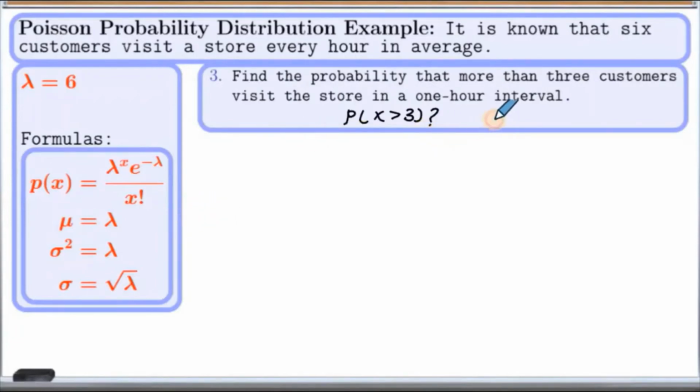What that means is we will find this and subtract this from 1. Let me write that down here. Basically, the probability of x greater than 3 equals 1 minus this probability here.